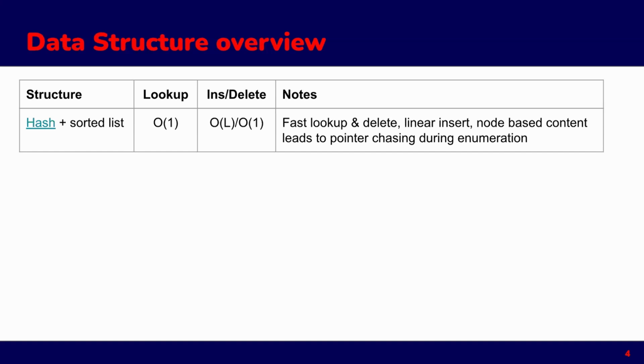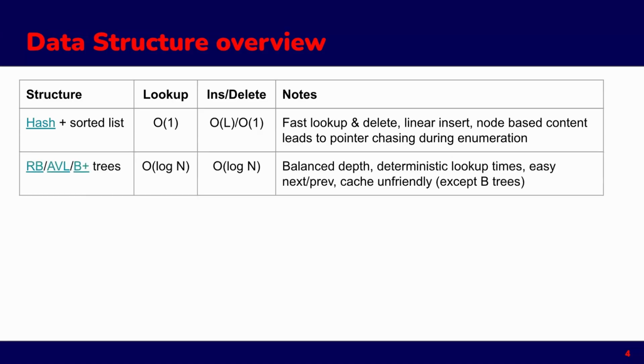So for that, we can form sorted linked list. The advantage is the fast lookup and fast delete, but insertion is a bit slower because you have to find a proper place where to insert a new level. And the enumeration is not particularly cache friendly because you are basically hopping over random addresses, and prefetcher cannot help you much.